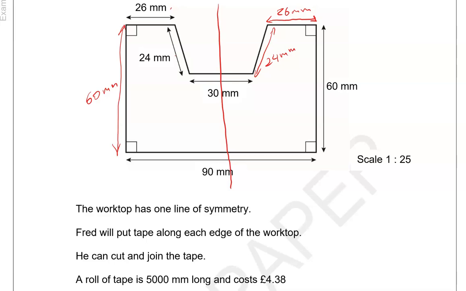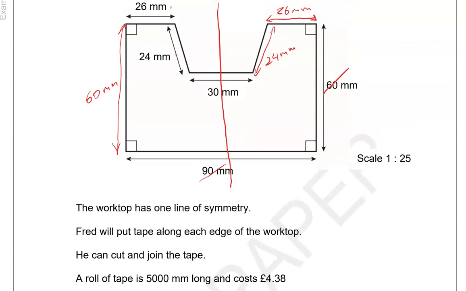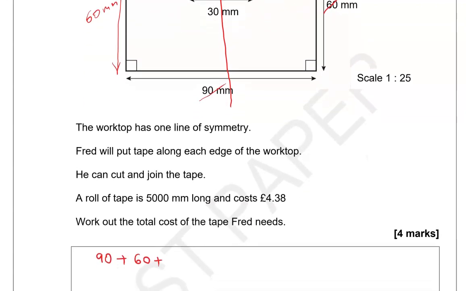So we've got, let's start from the 90. So 90, add 60, add 26 and then 24.